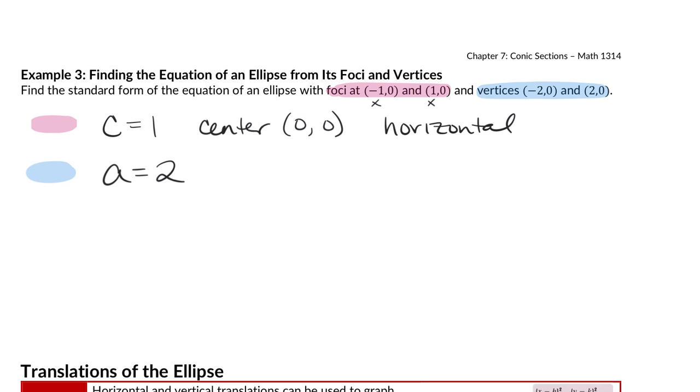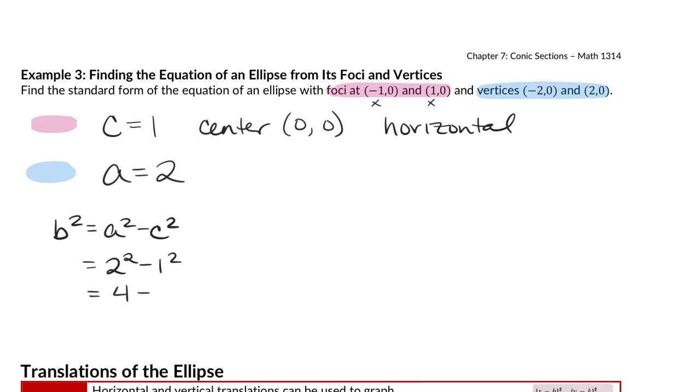Now this information is more than enough that I need to solve for B. If you flip back 2 pages, which I won't actually make you do, there's a formula B squared equal to A squared minus C squared on the front page. This is just a solved version of C equal to square root of A squared minus B squared for us to solve. If we plug in what we have, A is 2, C is 1.